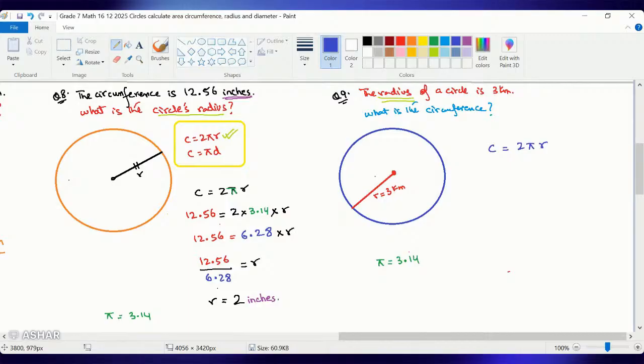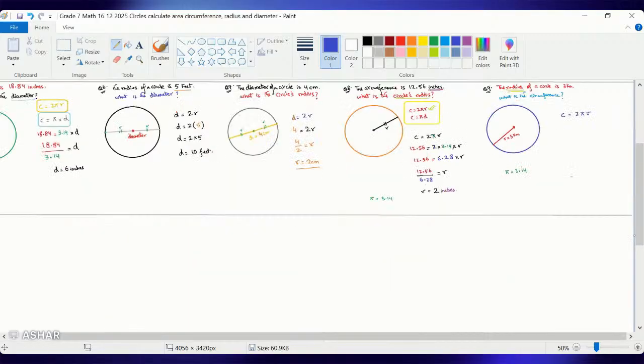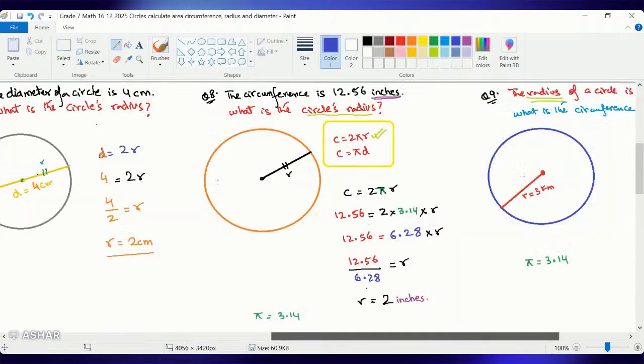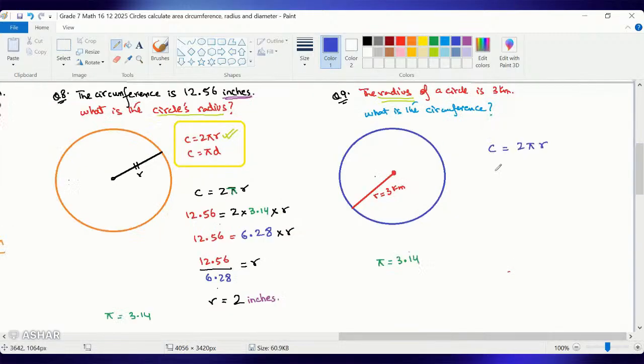All we need to do is substitute the values. Circumference would be 2 multiplied by the value of pi, that is 3.14, multiplied by the radius. And the radius is given to us as 3 kilometers, multiplied by 3.